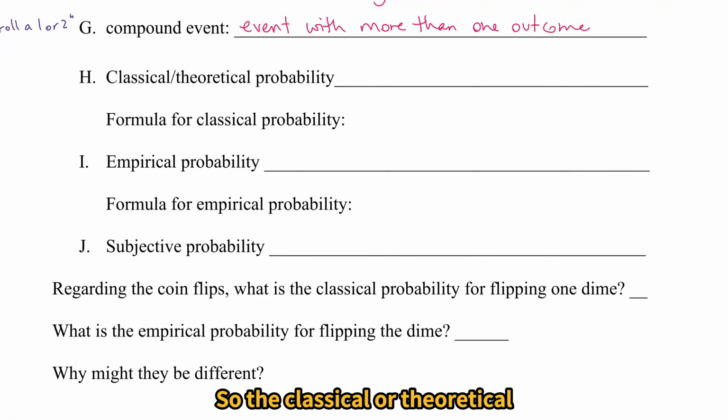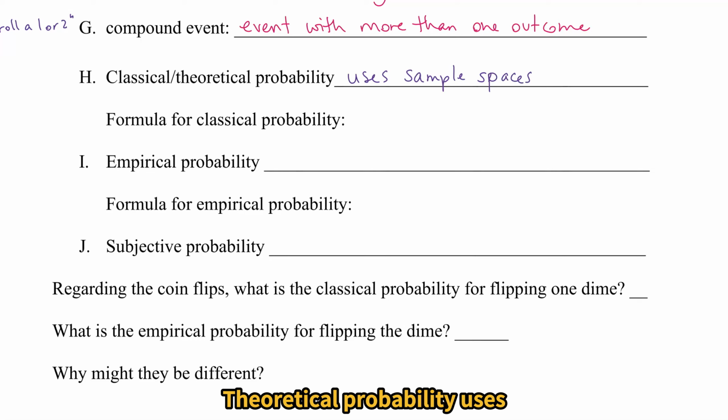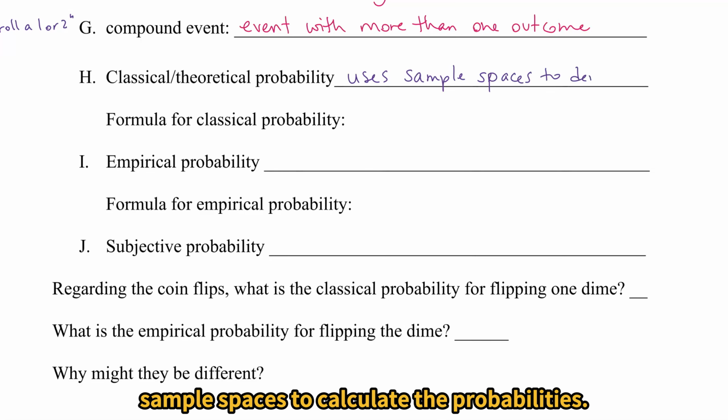So the classical or theoretical probability is what we've been doing. Theoretical probability uses sample spaces to calculate the probabilities.